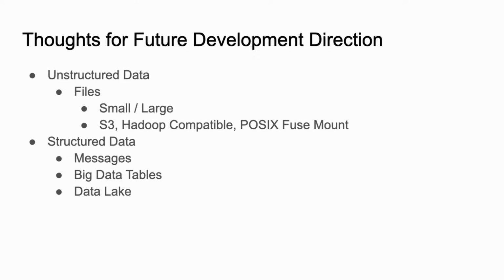For example, the files, whether it's small or large, and different ways to access the files, such as S3, Hadoop, or Fuse Mount, and many other protocols. But for structured data, SeaweedFS can also be a very good destination.